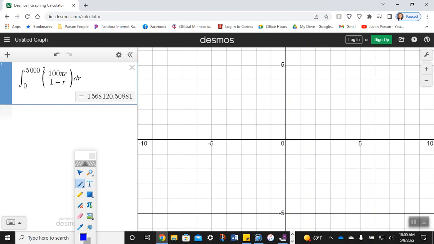I'm at 1568, so we're getting close. Let's try 5010. That's a little high, isn't it? 5,005. That's getting close. What was the number? 349.55. There's 5,004. Is that getting pretty close? What were the last three numbers before the decimal? 349.